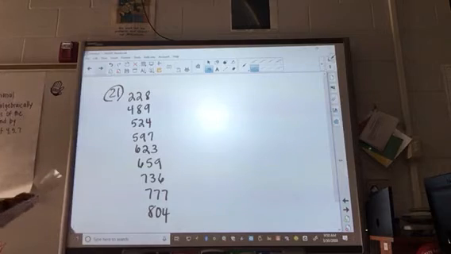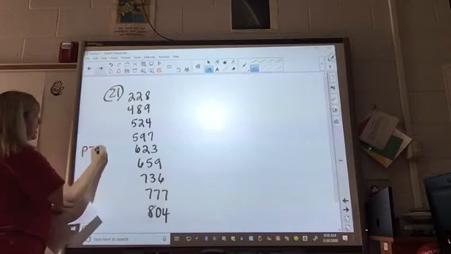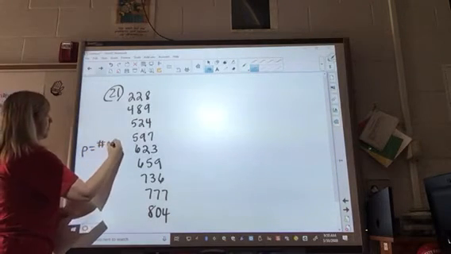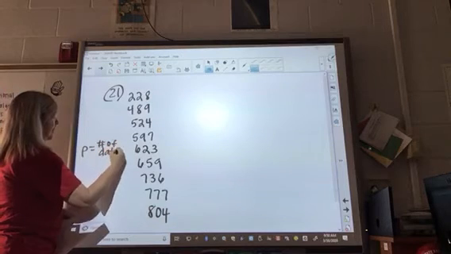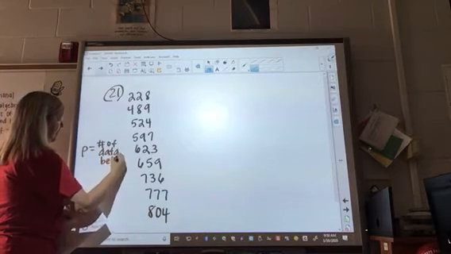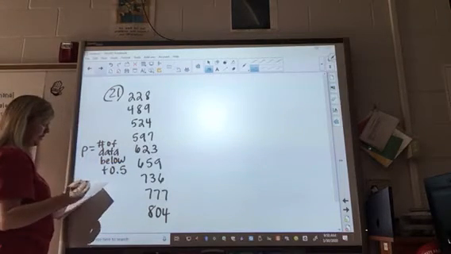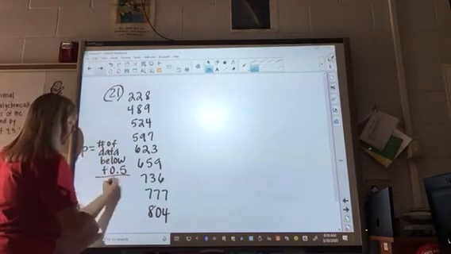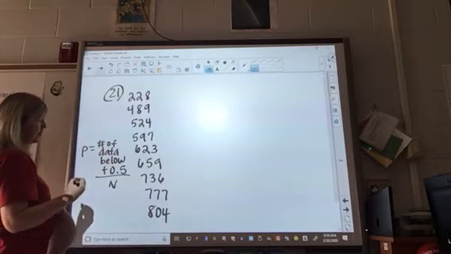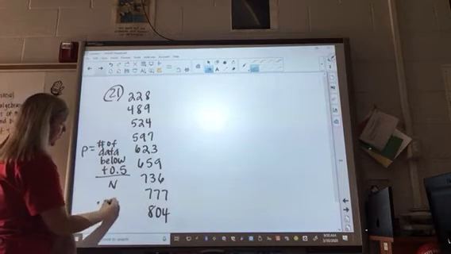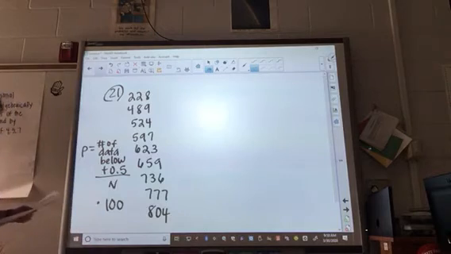The formula for percentile rank is the number of data below plus 0.5, divided by the number of data values, and then we multiply it times 100.